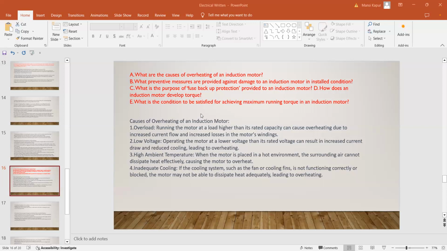Suppose the motor is designed for low viscosity fluid and you are putting high viscosity fluid, right? Motors are running the pumps, basically running pumps on board the ship. So the causes are pump bearing damage, motor bearing damage.